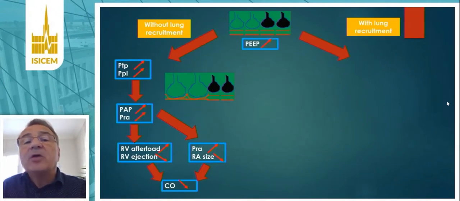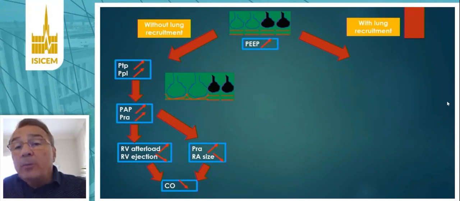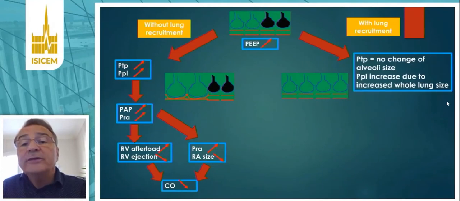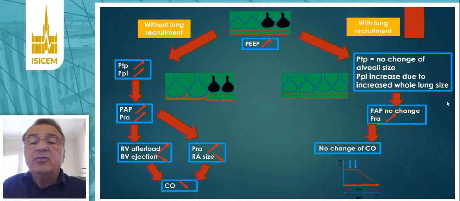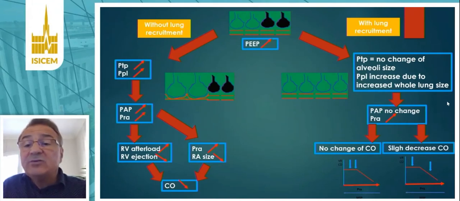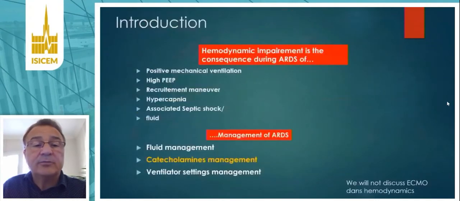In contrast, if you increase the PEEP, and if before you open the lung, then you avoid any compression of pulmonary capillaries, then you have no change of the pulmonary artery pressures, and then you have most of the time no change of the cardiac output when you set a very high PEEP. Sometimes you may have a slight decrease of the cardiac output, and here it's very simple. You just have to give a little bit of fluid, and you improve the cardiac output.